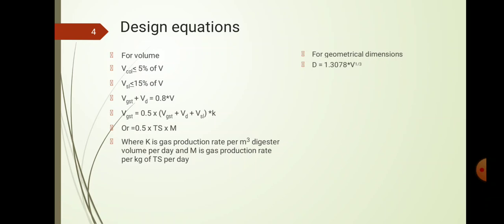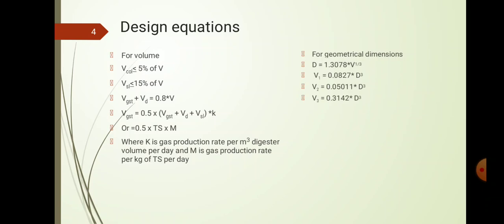That is, one is capital D must be 1.3078 into V raised to 1 by 3. Then capital V1, the volume corresponding to the cylindrical part, will be 0.0827 into D cube. Then V2 must be 0.05011 into D cube.